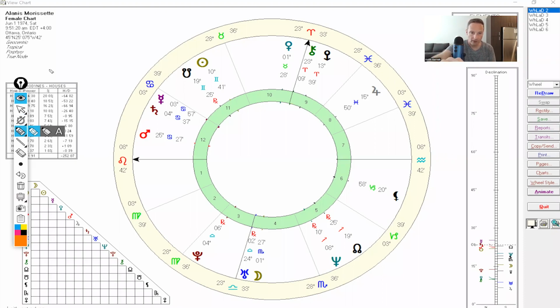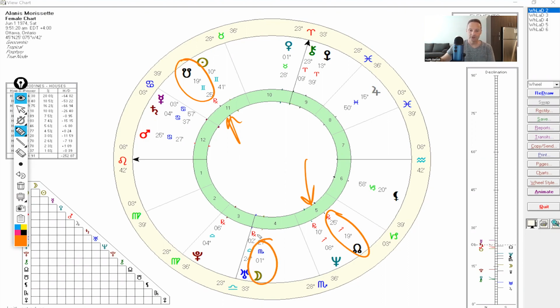And for her, she's got a south node in Gemini in the 11th house, north node in Sagittarius in the fifth house. And then her moon is in Scorpio down there in the fourth house. Although I'll include Uranus in that too, because you can't separate the two. They're too close. They're blending energies, right?